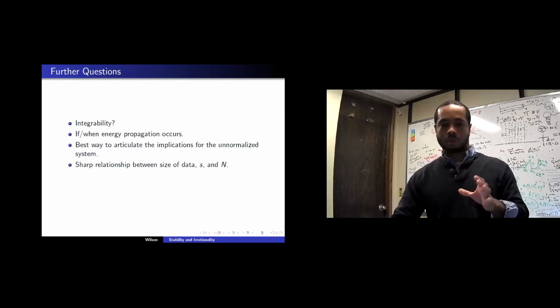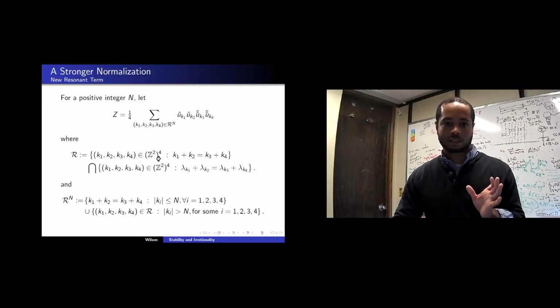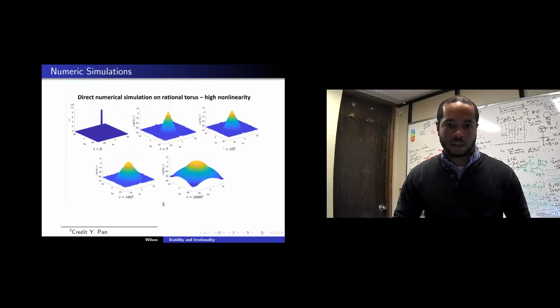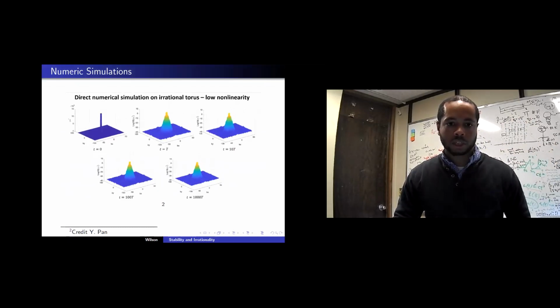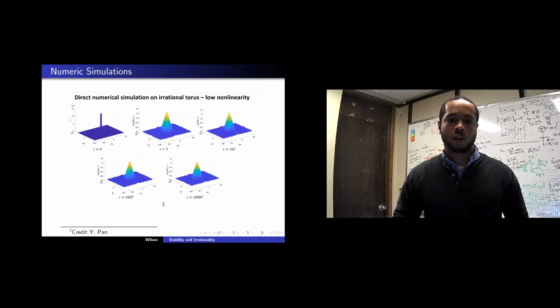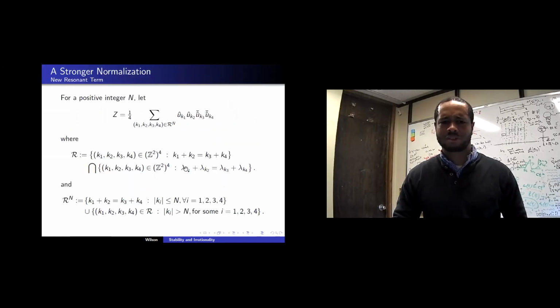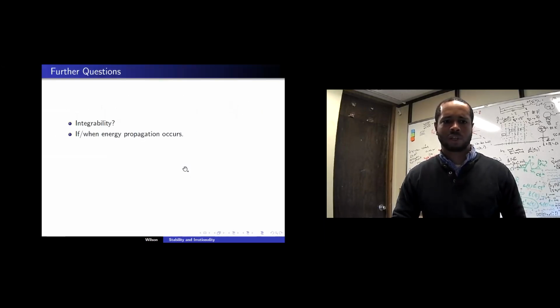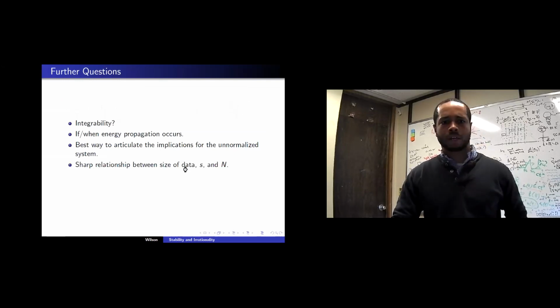And of course, the last interesting thing, I suppose, is that we wanted to have a very clear understanding of how the size of the initial data, the HS norm of the initial data, affects the radius of the Fourier support after a long time. We think it has something to do with the log of the HS norm somehow, but we don't know exactly yet.